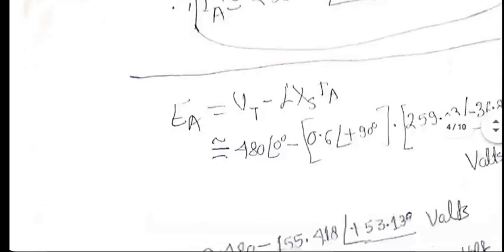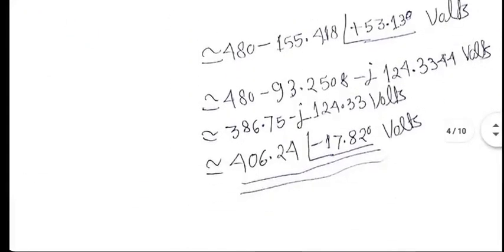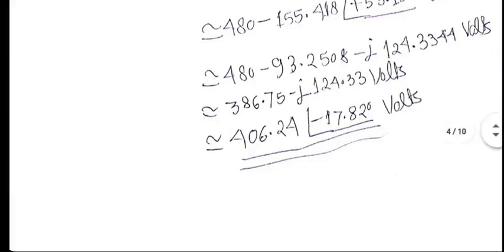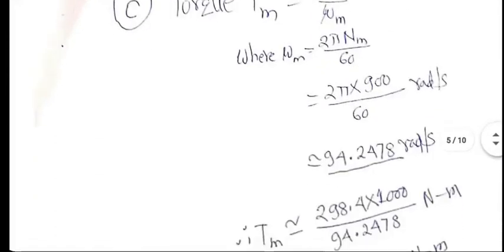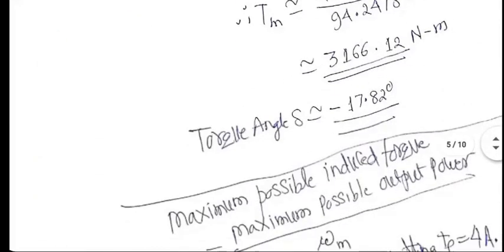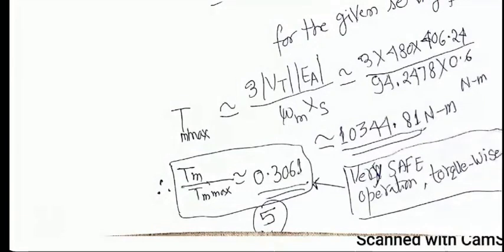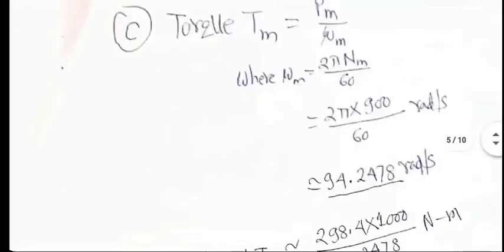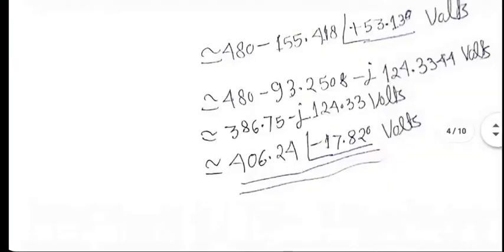In problem 1, we saw EA as 406.24 with an angle of minus 17.82 degrees. Now they are increasing it by 30% in problem 2. So 406.24 multiplied by 1.3. The angle I think is going to be the same. No, we don't know the angle, sorry. We are only talking about magnitude right now. We don't know what the angle will be. Let's see.